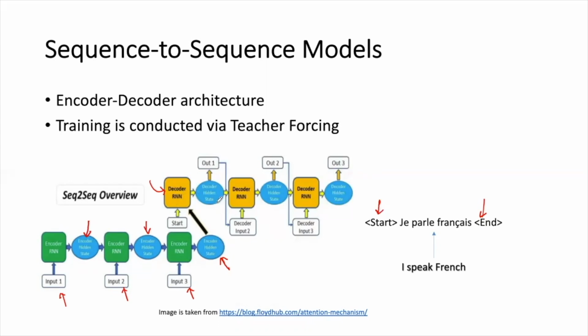Once we do that, in the first timestep we have a decoder hidden state that is generated with the help of the decoder RNN. Once this is generated, we use it to generate our first output word. Once again, this is not exactly an output word that is generated. We typically get a probability distribution here. This decoder hidden state is used to generate a probability distribution over the entire output vocabulary.